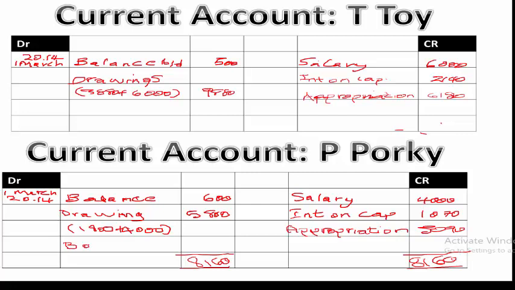So for this balance carried down, you have 1,760.